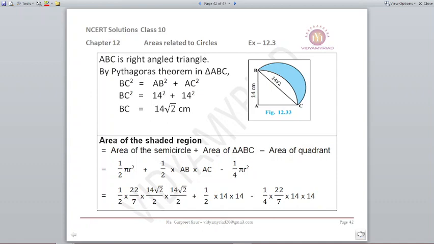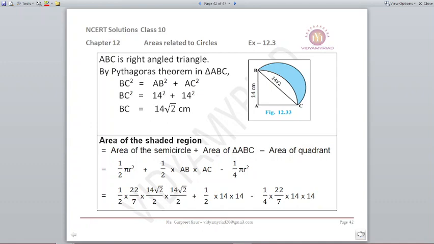So, the semicircle formula is half pi r square. Here, pi is 22 by 7 and radius is 14 root 2 upon 2, into 14 root 2 upon 2, plus the area of triangle ABC, which is half base into height, that is half into AB into AC, so half into 14 into 14, minus the area of the quadrant.